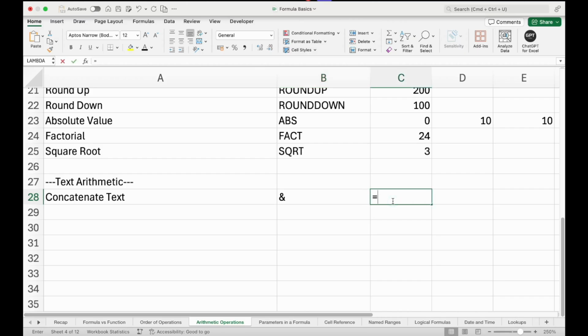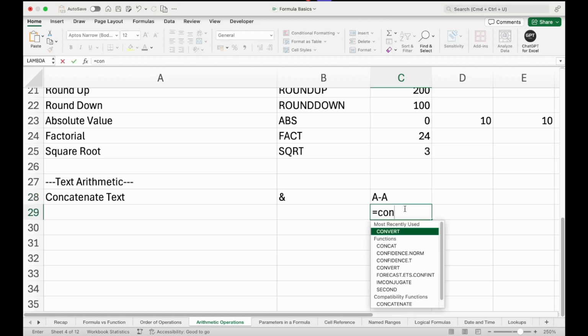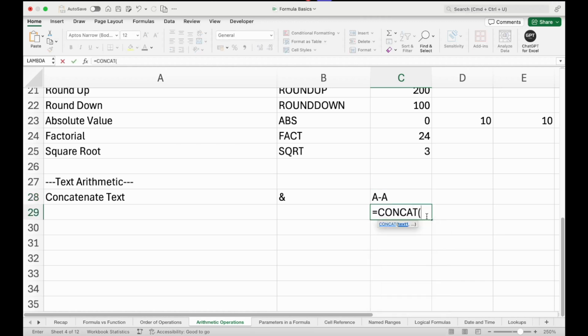For example, if I do A and another A, this will become your concatenated string. I can do anything here and it will give me the result accordingly. We have CONCAT as the function which does the exact same thing. So I can have A and then another A with a hyphen and it gives me the exact same thing.